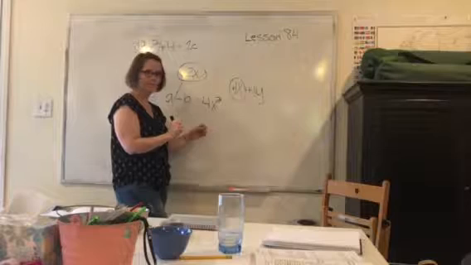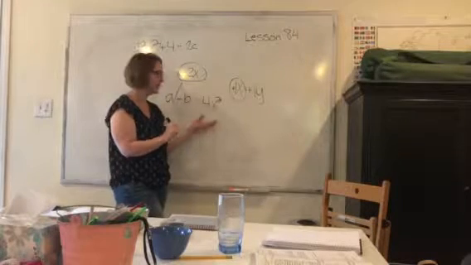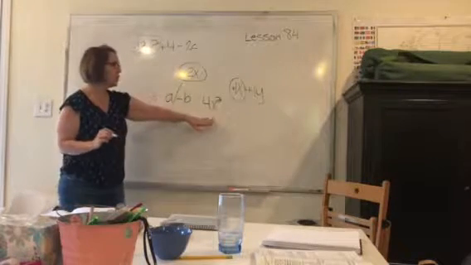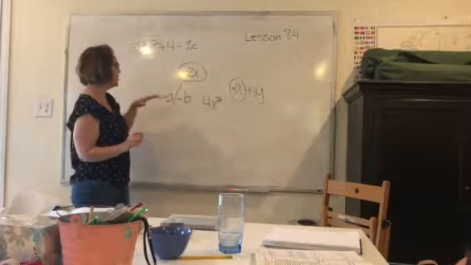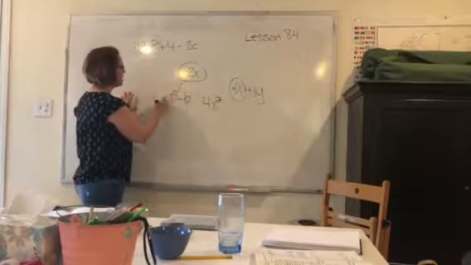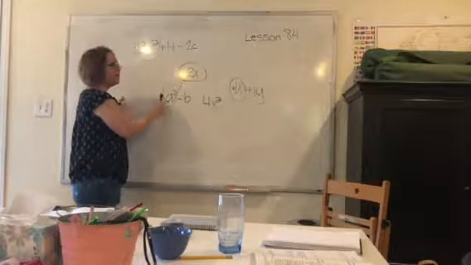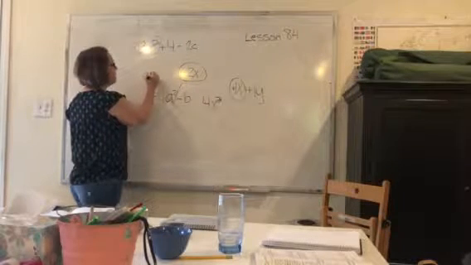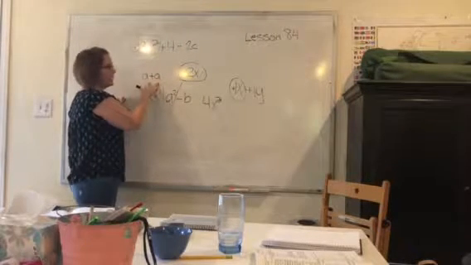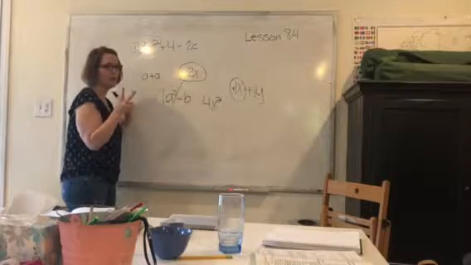Are you with me? Okay, so that is the difference between these two things, and that's why this does not mean I have 2 A's, because 2 A's would be A plus A. A squared doesn't mean I have 2 A's.